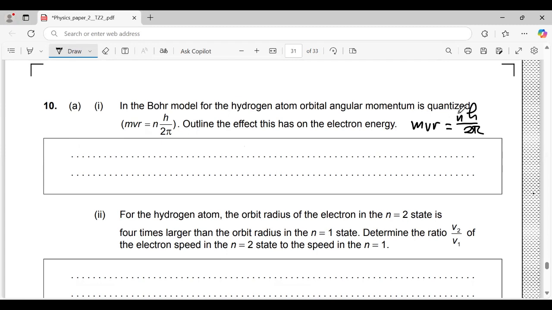It means the electrons can only have specific values of angular momentum, because the angular momentum is quantized. The allowed orbits and their corresponding radii are also quantized.